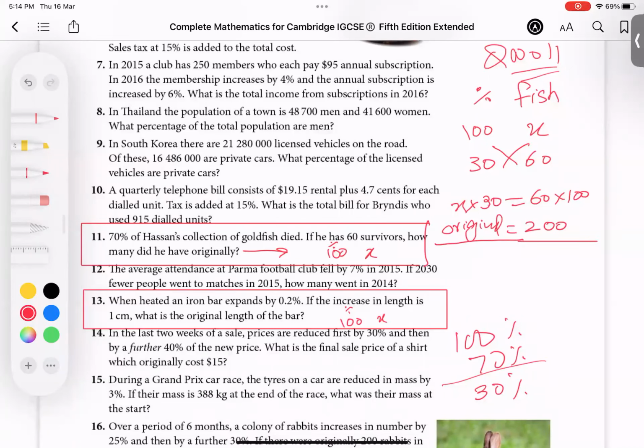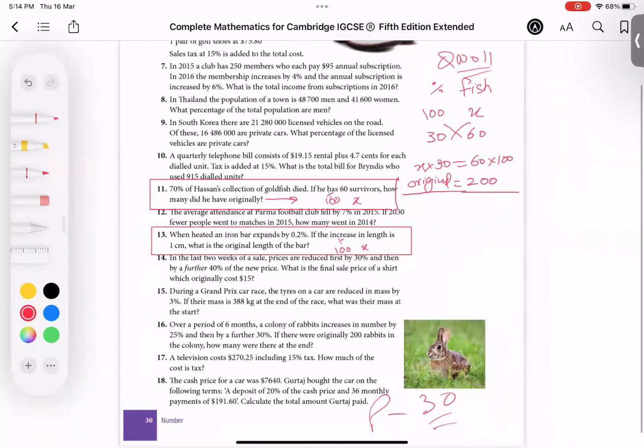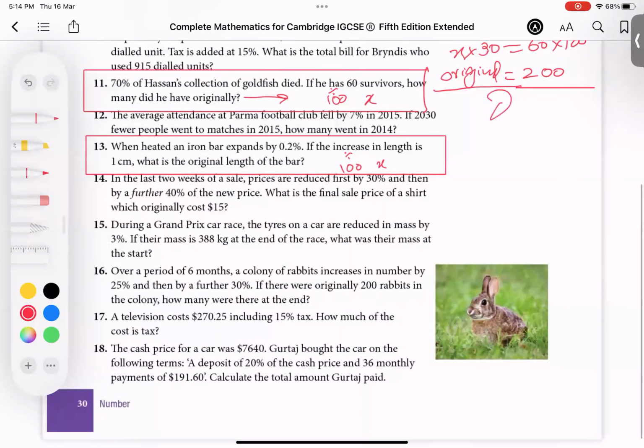Anyway, I believe you got the idea very well. Let's go for the next part. Next, I'm doing question number 13 with you. Attentive, please. He said, when heating, an iron bar expanded by 0.2 percent. Look down here, I'm just helping you.